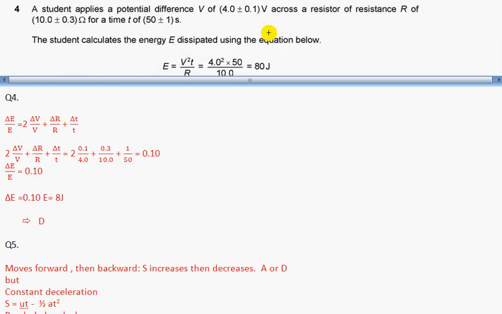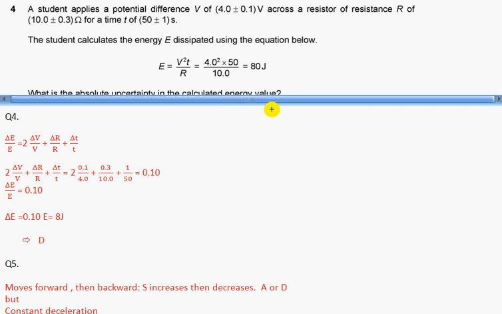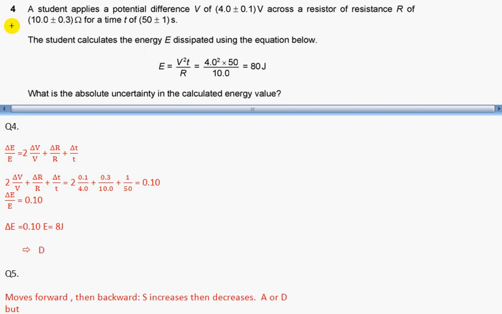Question 4. A student applies a potential difference across a resistor for a time. The student calculates the energy using the equation below. What is the absolute uncertainty in the calculated energy value? So here we have V squared, time, and resistance. So for each quantity we find percentage uncertainty.